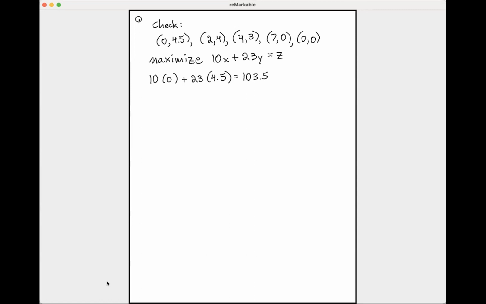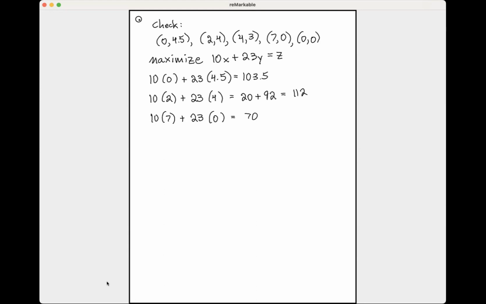Let's check 2, 4. So we've got 10 times 2 plus 23 times 4. So that's 20 plus, what would that be? 46 times 2, 92. So 112, so a little bigger. Let's check 7, 0. 10 times 7 plus 23 times 0.